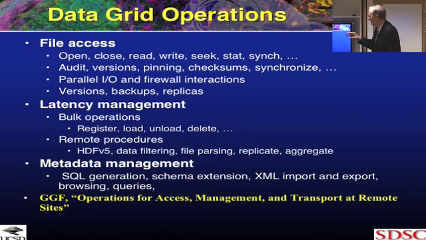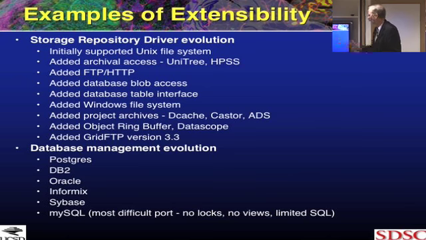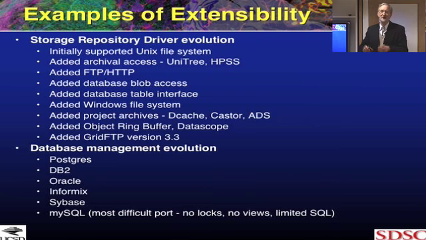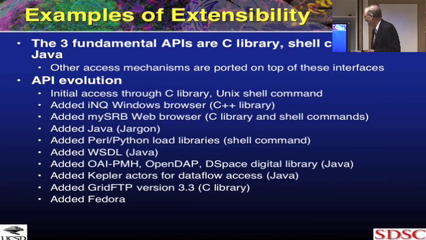So in this case, we've been adding over time a wide variety of different types of storage repositories and a wide variety of different types of database into which we can put our metadata catalog. The next one that will be on the list will be SQL Server, because that's a high request. But our dominant database, or the highest performing database we interact with right now, is Oracle. You can put metadata into a Postgres catalog, MySQL, DB2, Informix, Sybase, etc.